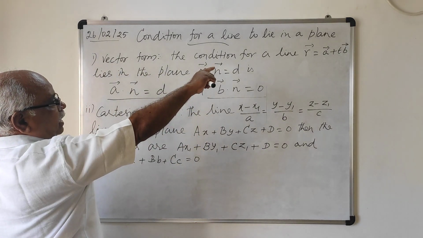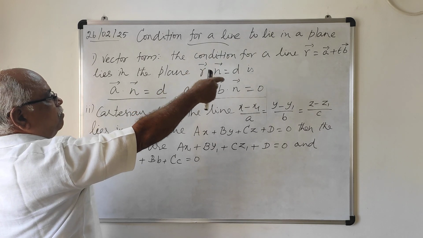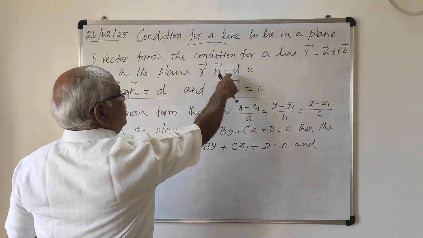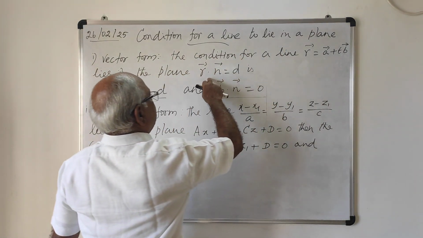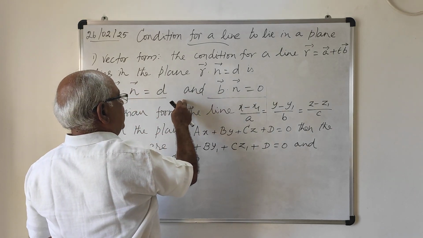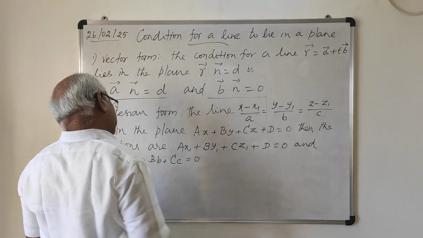So in vector form, the line r equal to a plus tb is given, and a dot n equal to d is the plane. If the line lies in the plane, the conditions are a dot n equal to d and b dot n equal to 0.